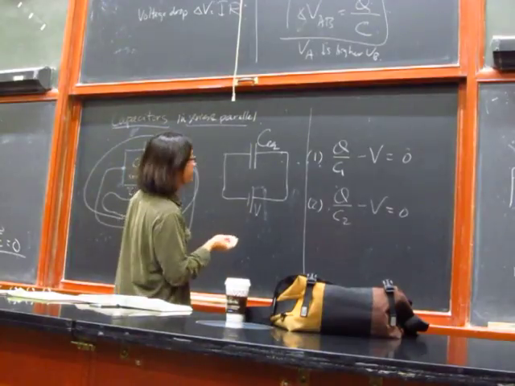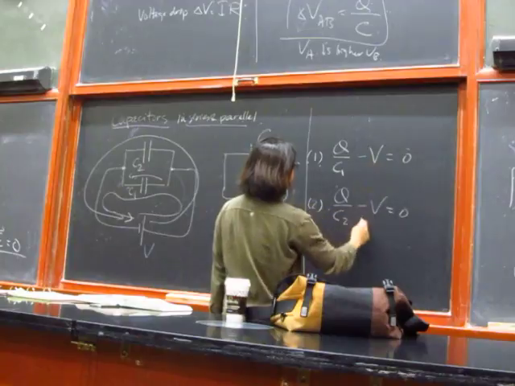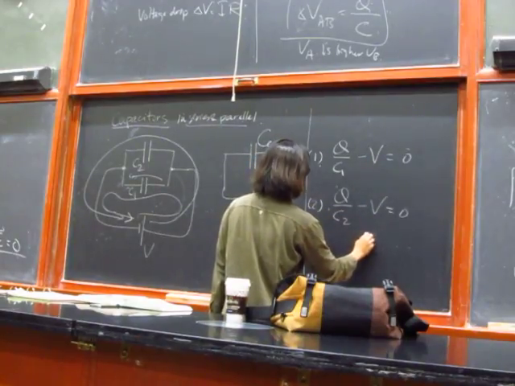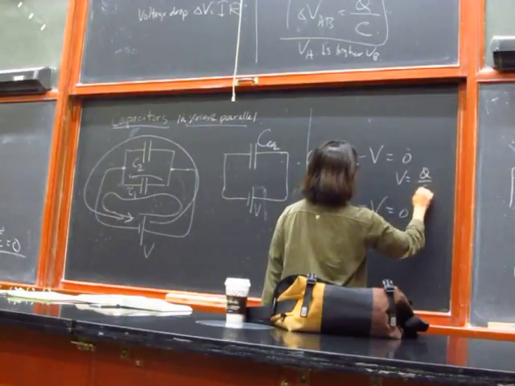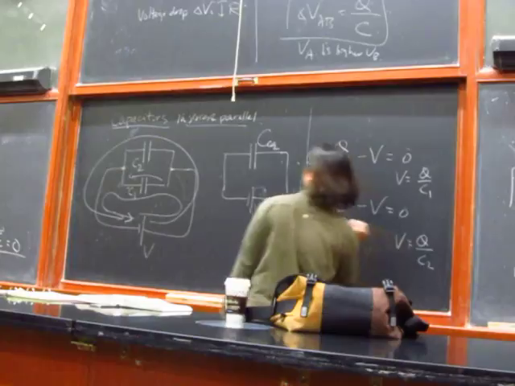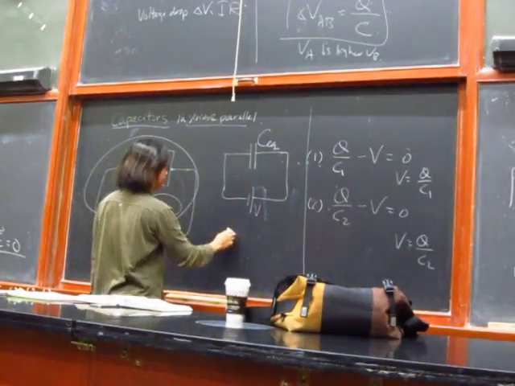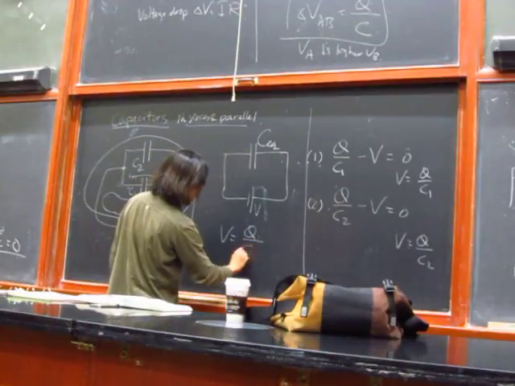So what do I have here? In this case, V is equal to Q over C1, V is equal to Q over C2, and here V is equal to Q over C equivalent.